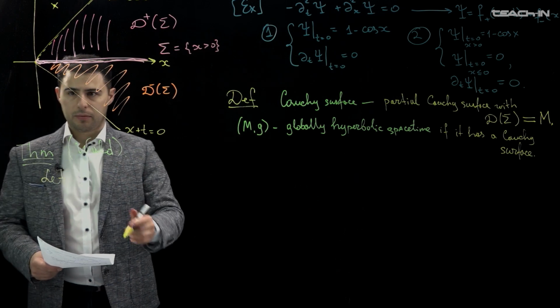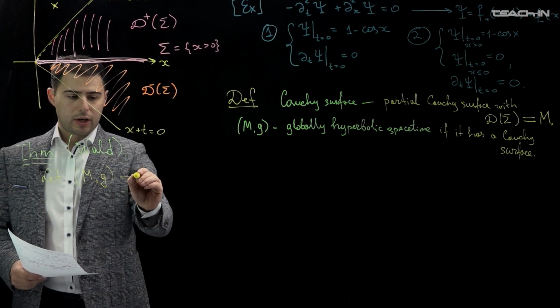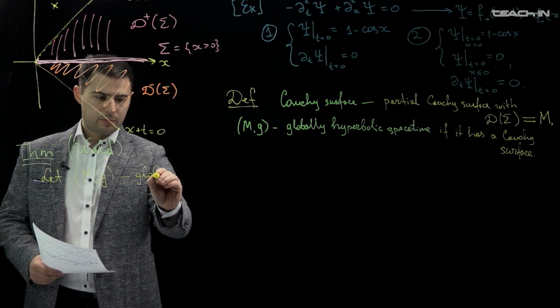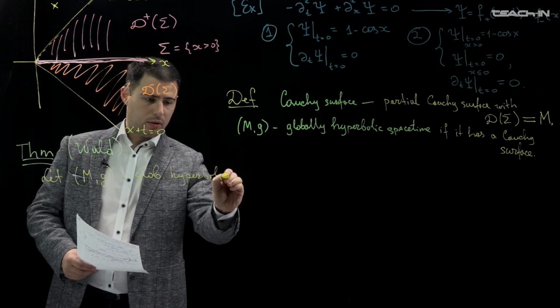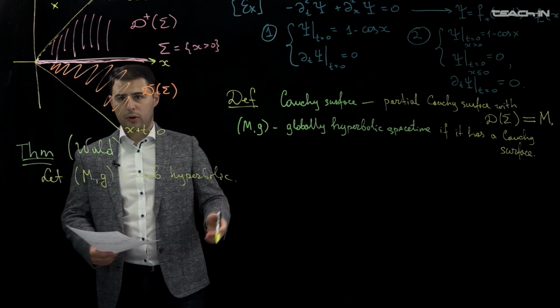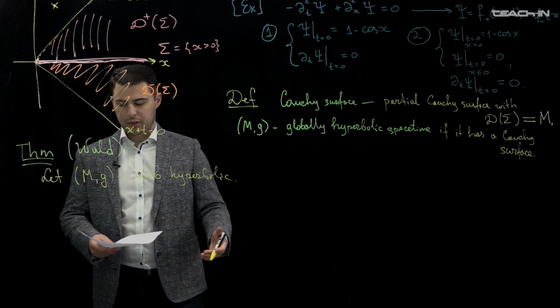Let us have a globally hyperbolic spacetime. Then we can infer the structure and the topology of the spacetime.